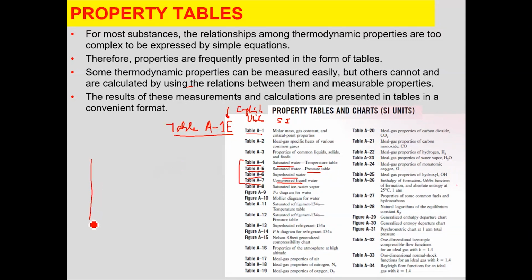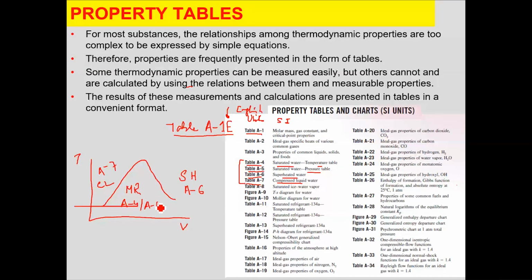If you remember this temperature specific volume or pressure specific volume diagram, you have this dome. This region is the superheated region, this is the mixed region, and this is the compressed liquid region. So you have table A7 for compressed liquid, table A6 for superheated, and tables A4 and A5 are for the mixed region. And this is in the case of water.